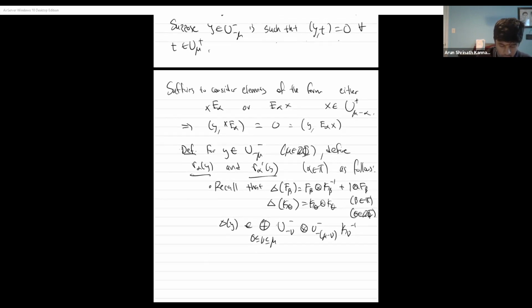What this means is that I can express delta y as follows. Therefore, this is how we're going to define our elements R alpha and R prime alpha of y.